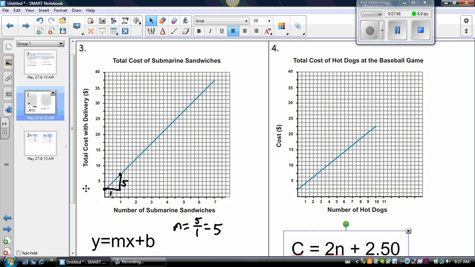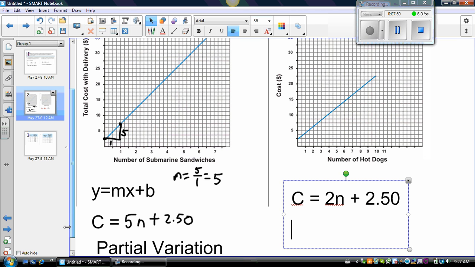And this would be an example, once again, of a partial variation.